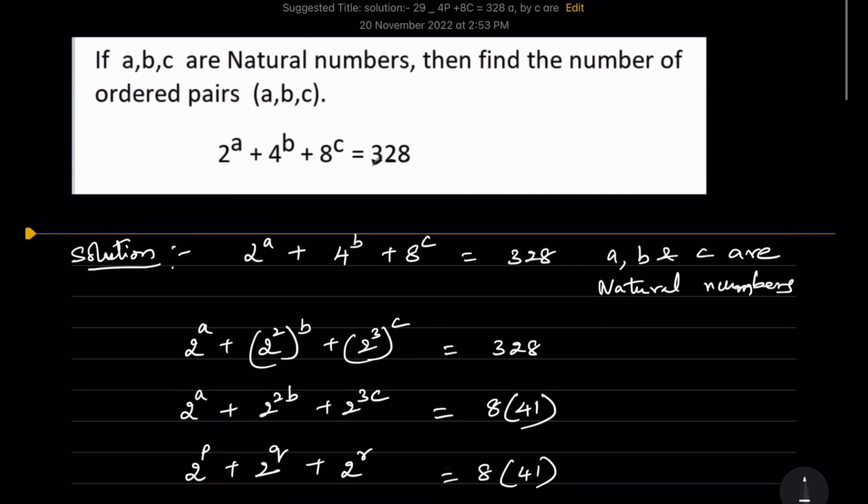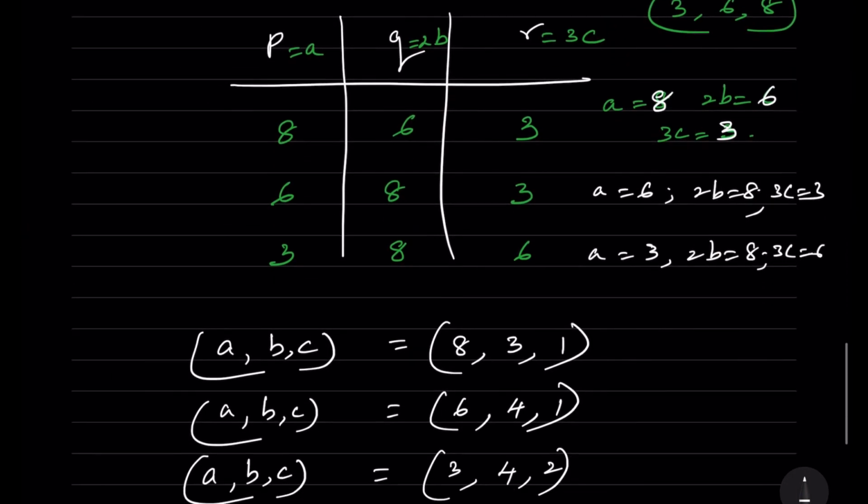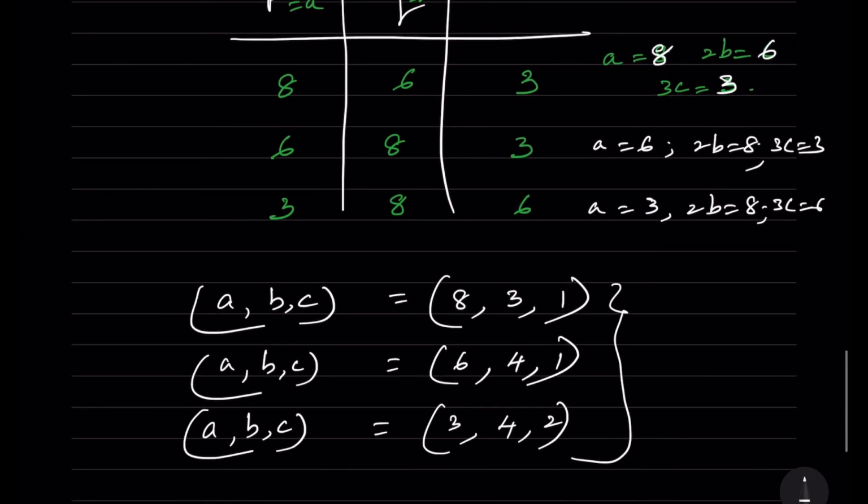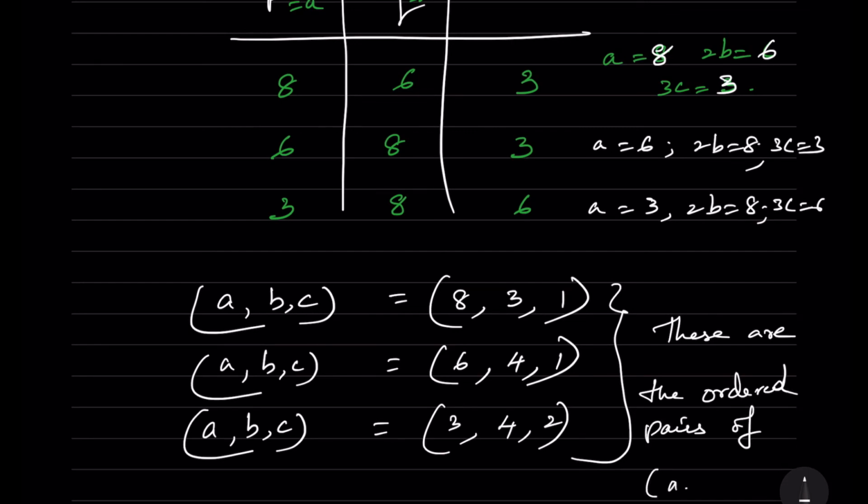See here you can see, then find the number of ordered pairs. So we are having 3 ordered pairs which we have got. These are the ordered pairs of A, B and C.